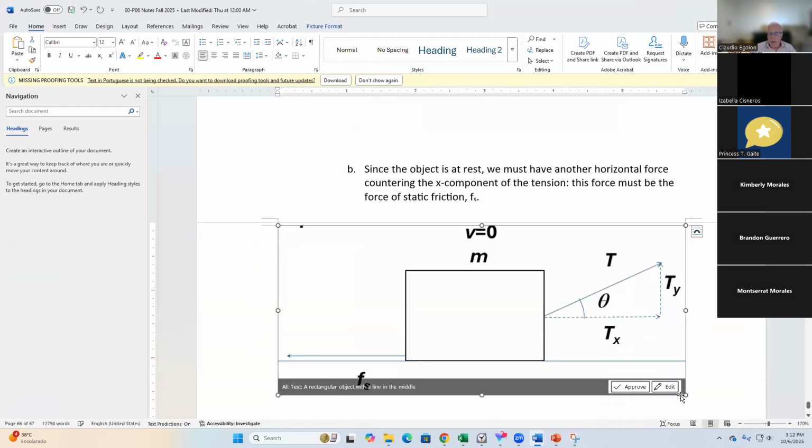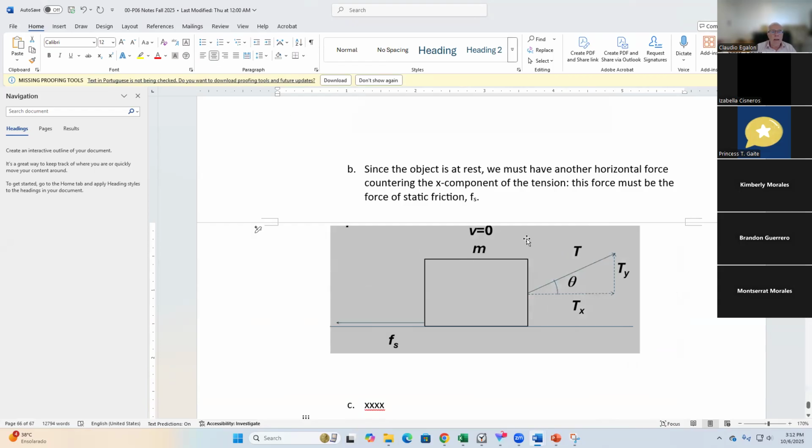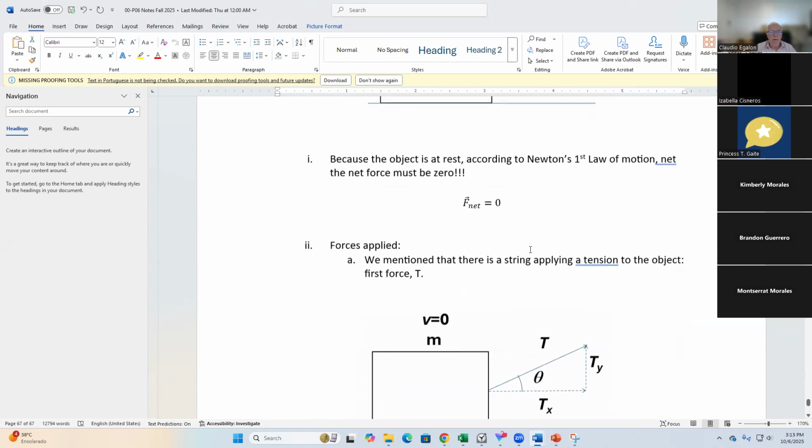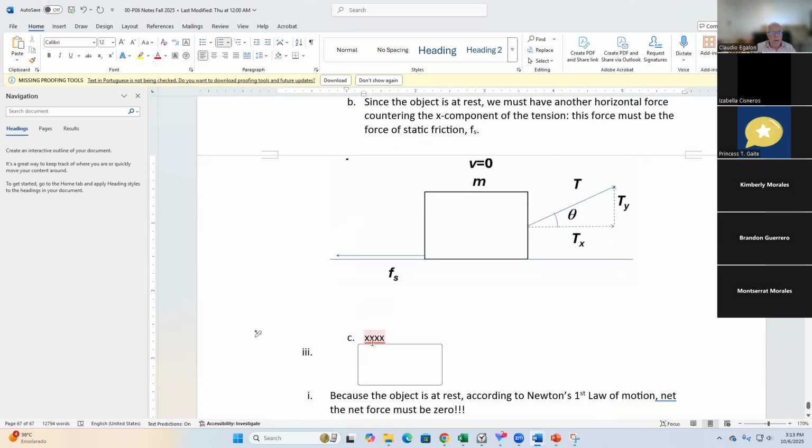A third force that is always there is the weight.